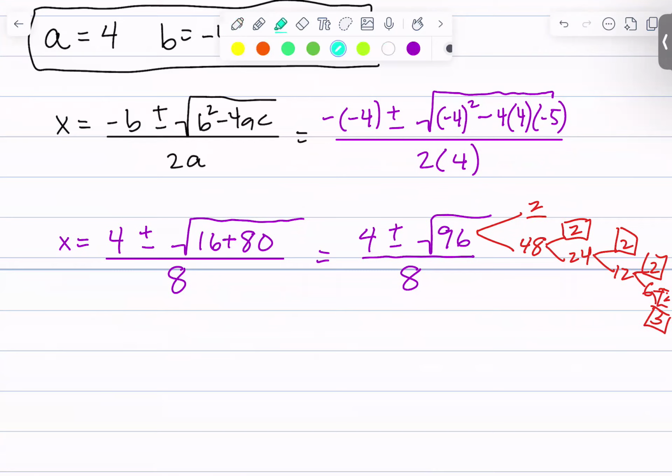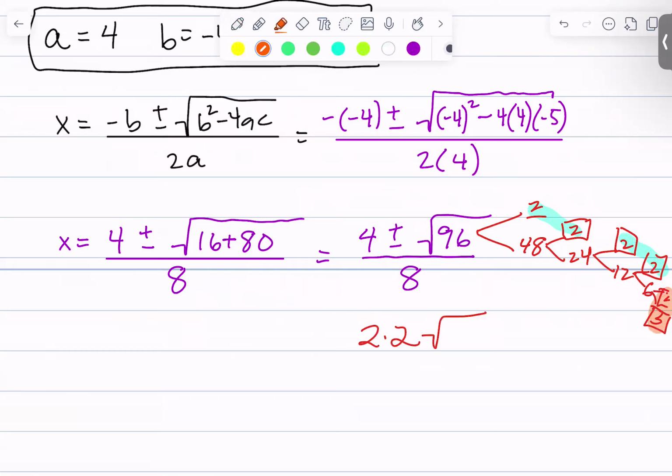Now, in order for us to simplify the square root of 96, we have to get pairs. So I see 1 pair of 2's, 2 pairs of 2's, correct? So 2 2's come out, 2 times 2, square root of what's left over inside, this 2 and this 3, which is 6.